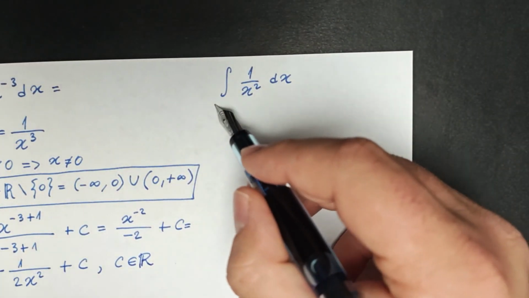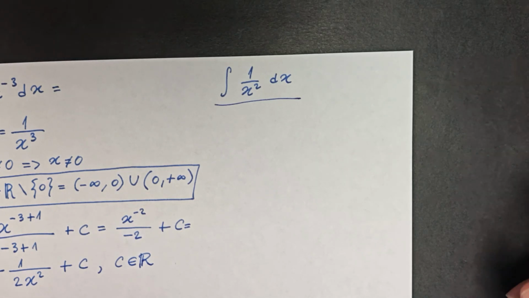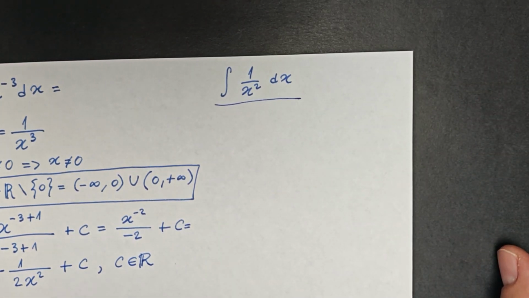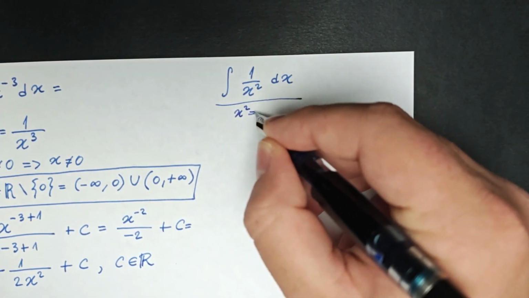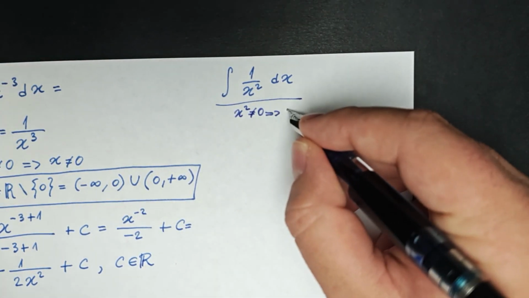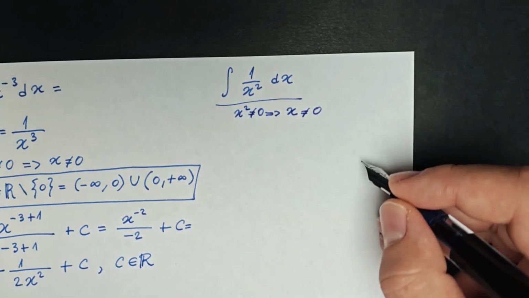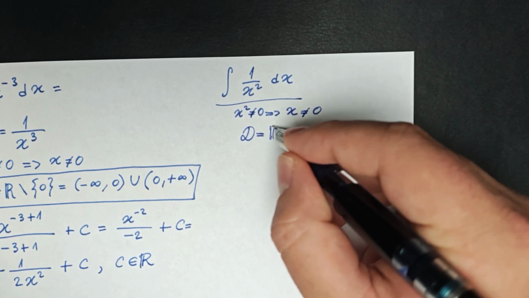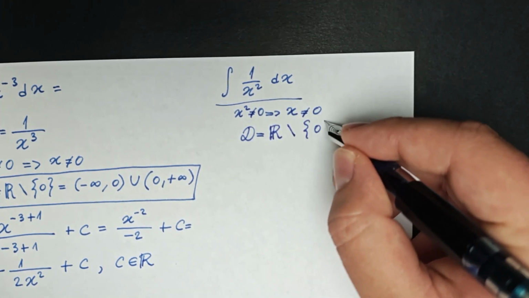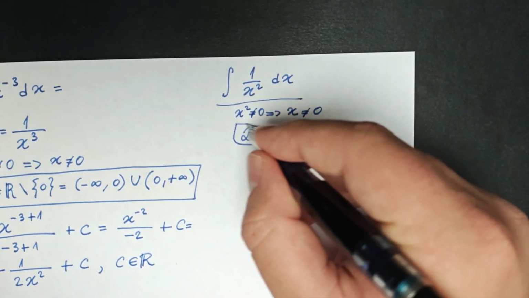This second integral that we have, we are going to solve in the same manner. We have x squared in the denominator, so x squared has to be different than 0, and that means that x has to be different than 0. The area in which this integral is defined is again the set of all real numbers except the number 0.